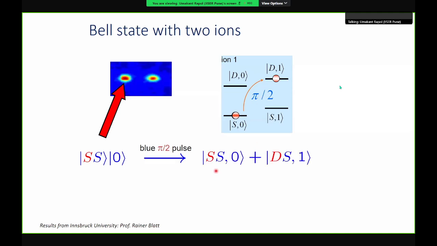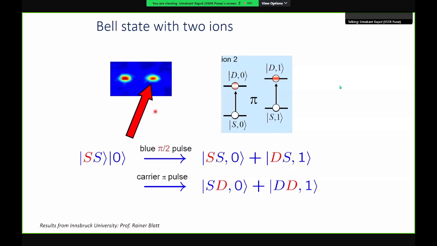So you get this state SS0 plus the first one, where the first ion is in a superposition of S and D, and the motional mode is also in a superposition of 0 and 1. Now what you do is move that laser, point it onto ion number 2, and apply a pulse on the carrier. You don't excite any motional mode.